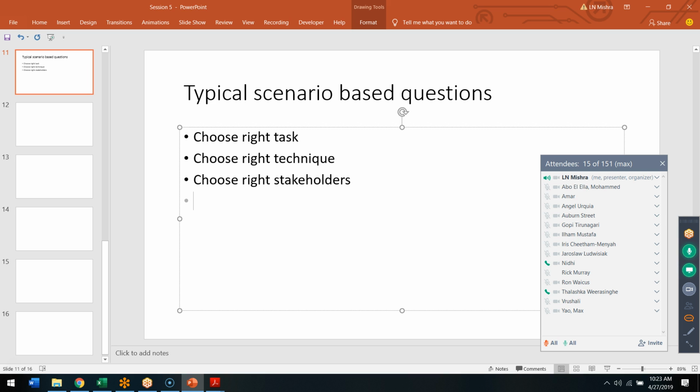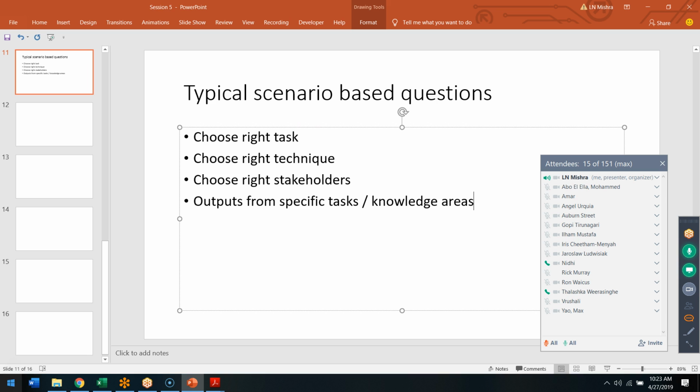Usually these are the main categories of questions that you will get. Sometimes there'll be a relationship between outputs from a particular knowledge area or a task. This is also something you would be asked: outputs from specific tasks or knowledge areas.